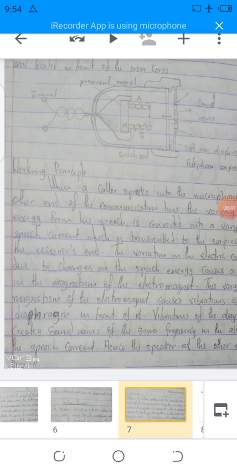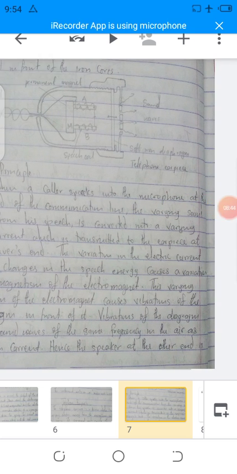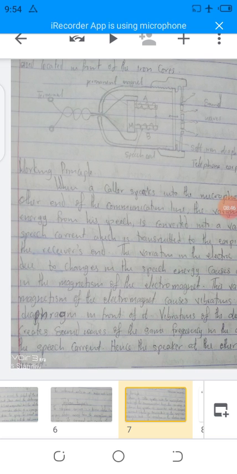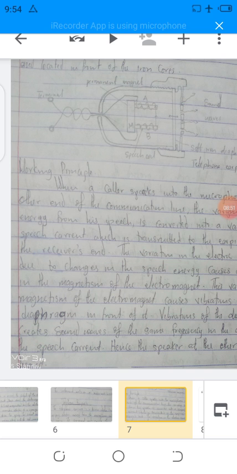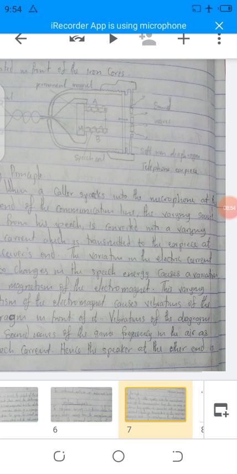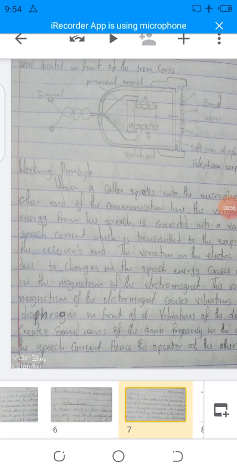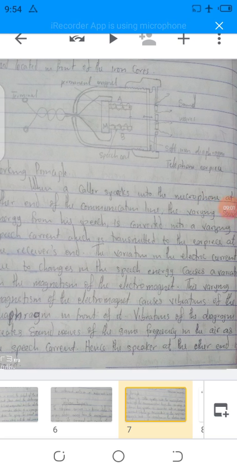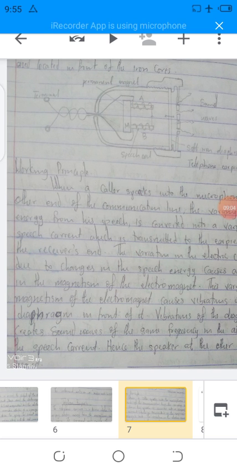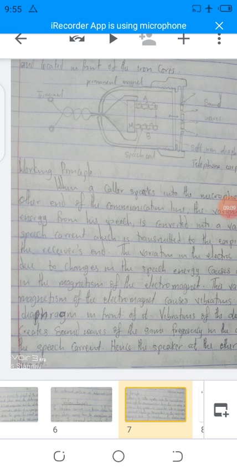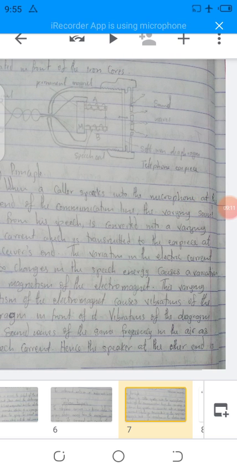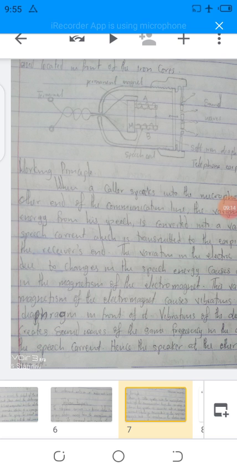Now, the working principle: when a caller speaks into the microphone at the other end of the communication line, the varying sound energy from his speech is converted into a varying speech current, which is transmitted into the earpiece at the receiver's end. The variation in the electric current due to changes in the speech energy causes a variation in the magnetism of the electromagnet.